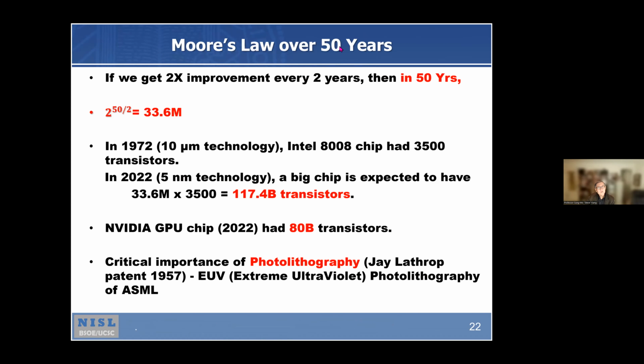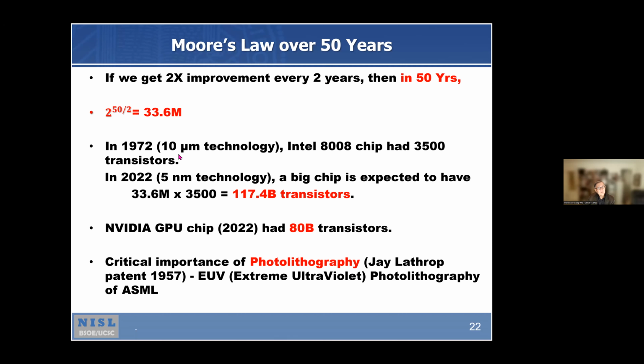So how does Moore's law play out? If you look at, say, a 50-year period, and you assume 2x improvement every 2 years, the improvement over 50 years would be almost 34 million in terms of packing density.